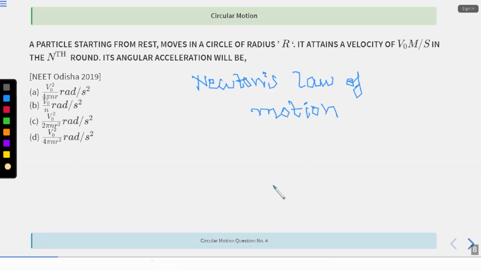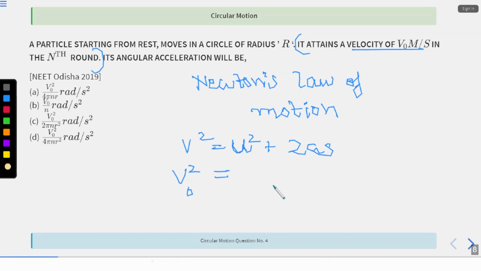So what we'll do is, we'll just directly write v square is equal to u square plus 2as. We know that finally it is v naught square, okay? Because it's been told that it attains a velocity of v naught meter per second in the nth round, right? So it'll be v naught square.